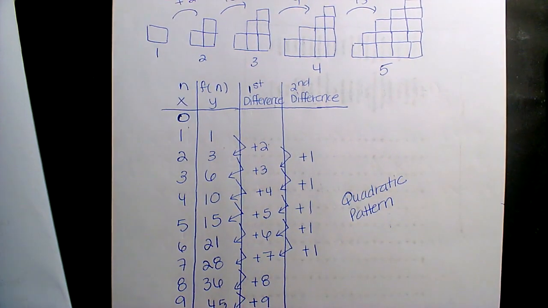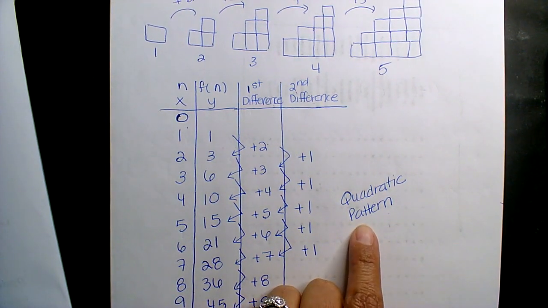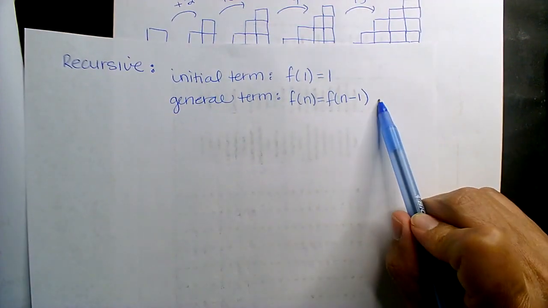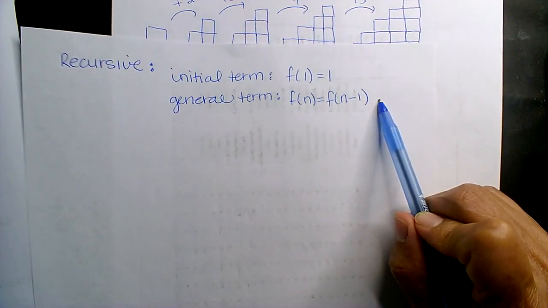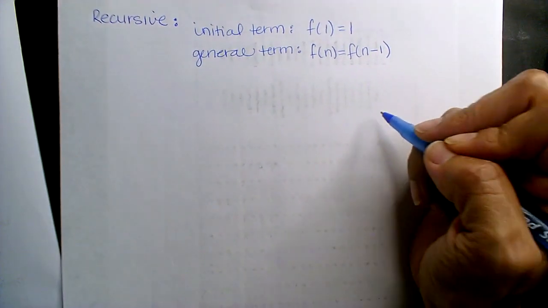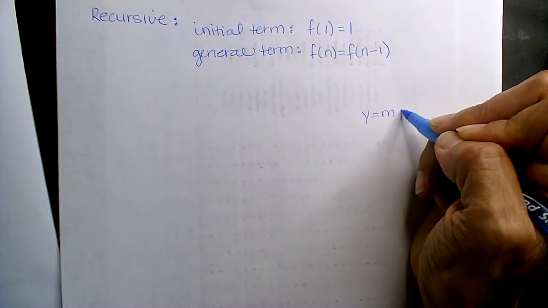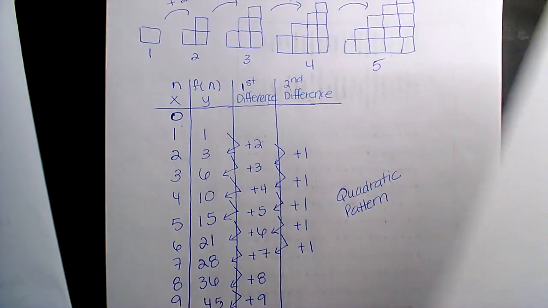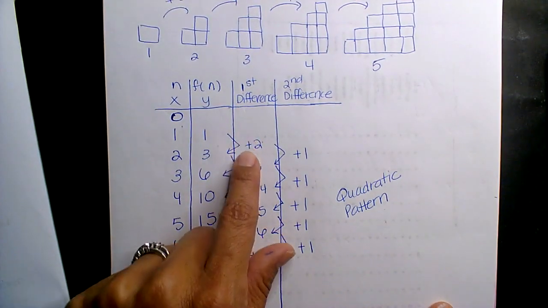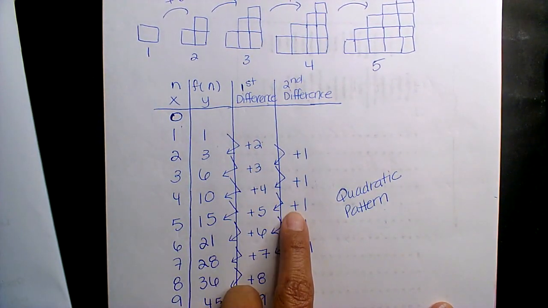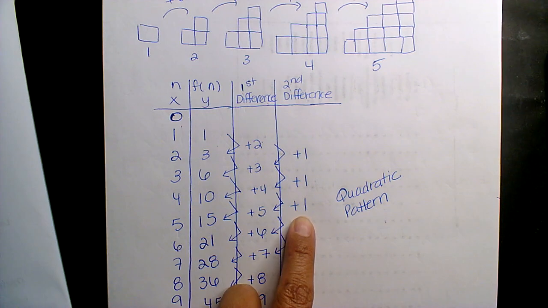All right, a quadratic pattern, recursively, the growth is a line, like y equal mx plus b. Okay, so what I mean by that is if you think of a line, y equal mx plus b, this is the constant ones, like you multiply or you add. Because you're in second difference, your growth is linear.